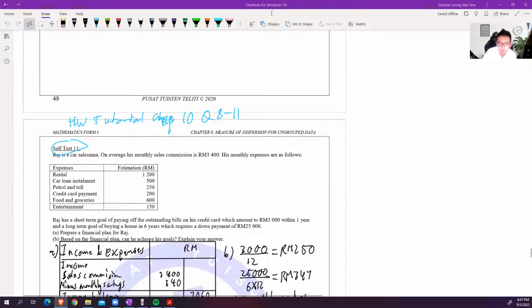Just focus on what I mentioned to you. You don't need to do every single question. Focus more on exam-oriented types of questions if you're practicing.